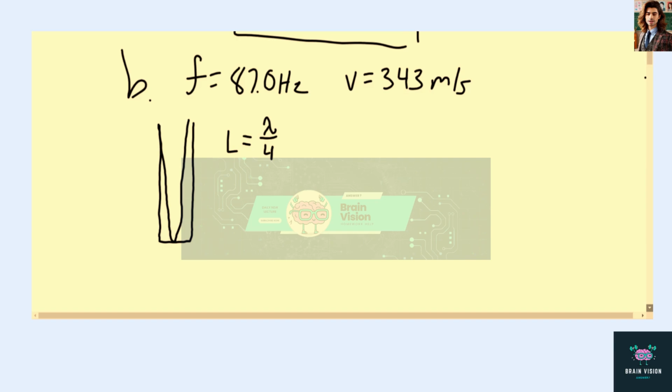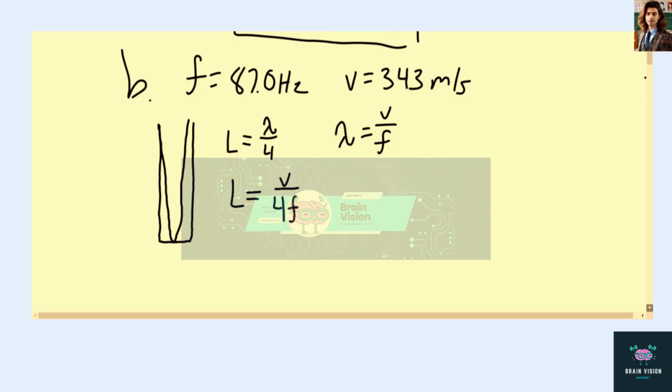So what we can do is we have the equation that lambda is going to be equal to wave speed over frequency. And we know that the length of the tube is going to be 1/4 the wavelength. So we can say that L is equal to V over 4F. Sorry, I wrote an F a little early.